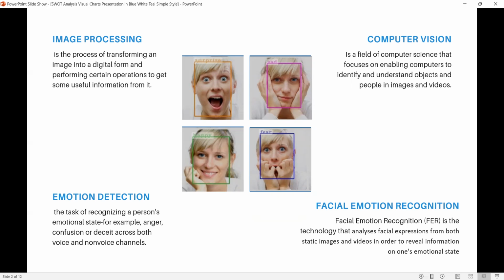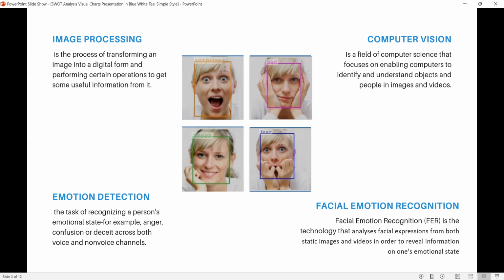Humans can recognize it, but machines can't, so we have to find such techniques. What kind of detection? The task of recognizing a person's emotion, facial emotion, like emotion detection, is image processing, a field of computer vision. It directly focuses on identifying and analyzing emotion based on visual cues in images or video.